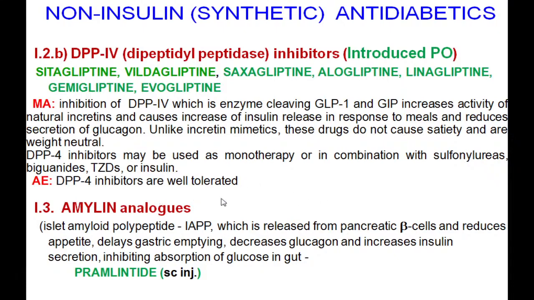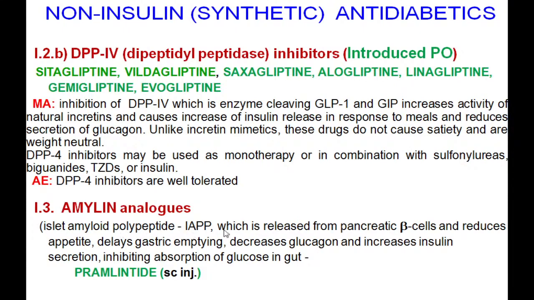And the third subgroup, promoting stimulation of insulin release. Amylin analogs. Islet amyloid polypeptide, IAPP, short name amylin.